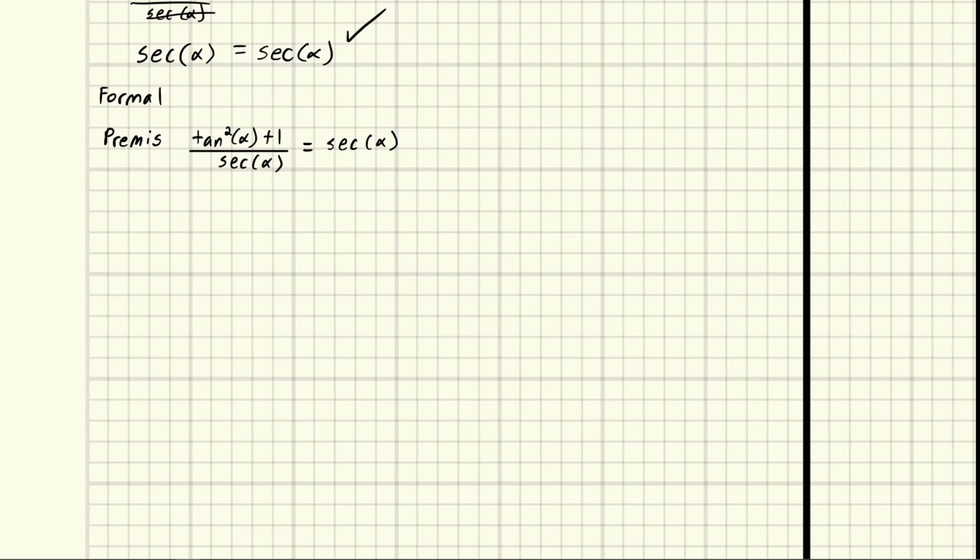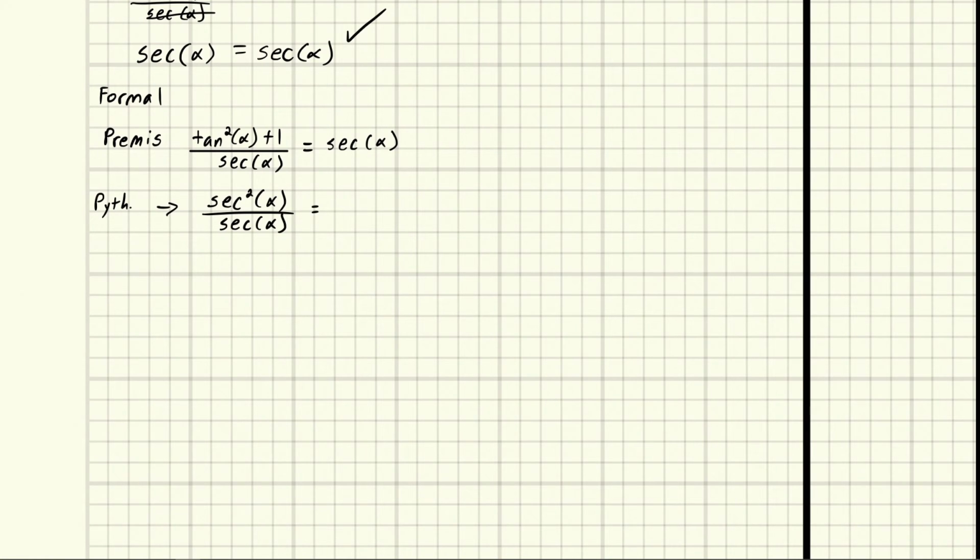So for example, we know that the top can become secant squared alpha over secant alpha. And it's a good idea to label this as the Pythagorean identity, so I'll just put Pythagorean identity here as a justification.